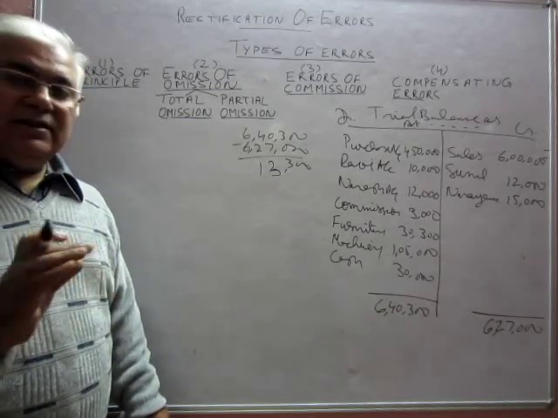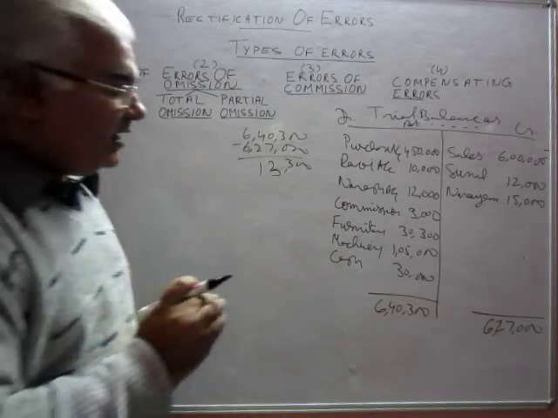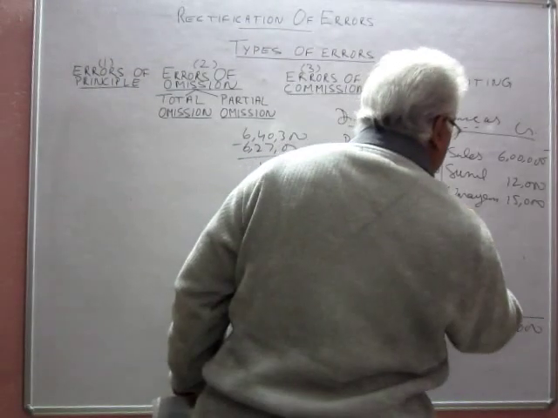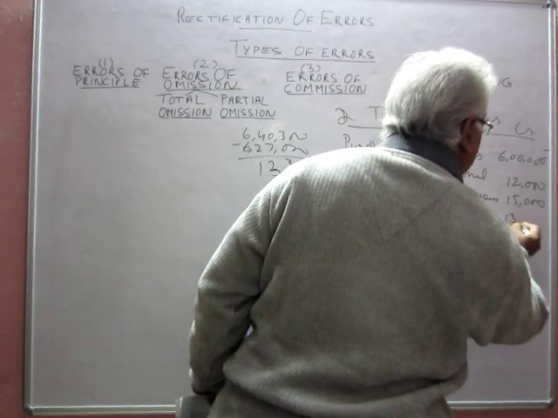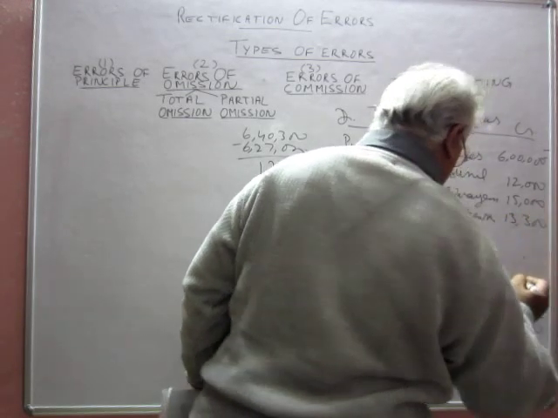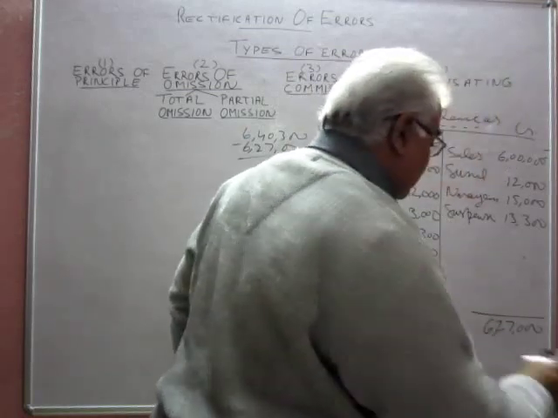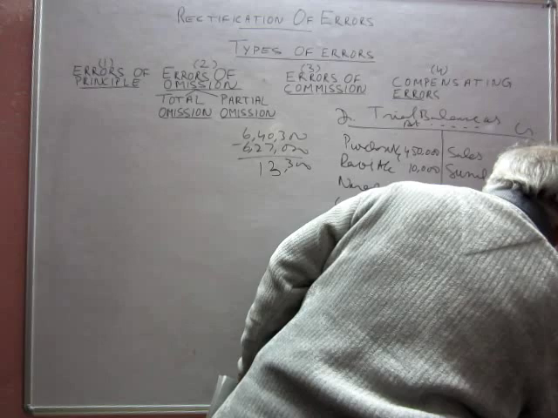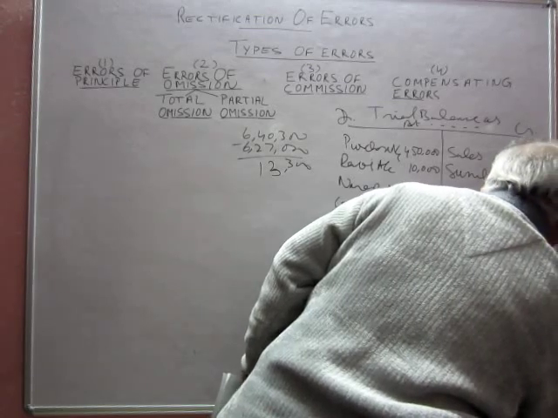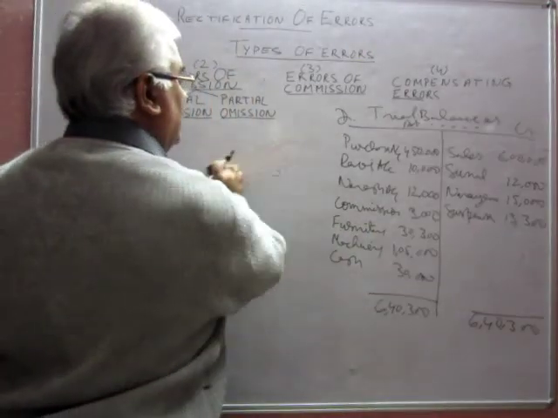So we can place this amount in the suspense account. We'll write like this. Here, suspense account, 13,300. So with this, our sides will tally. Okay. Now here we will open suspense account.